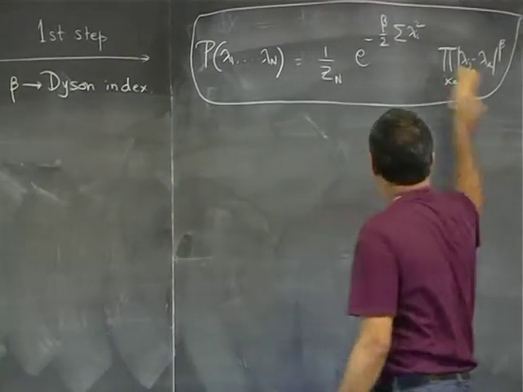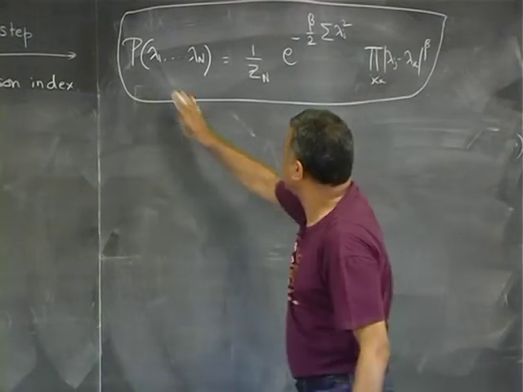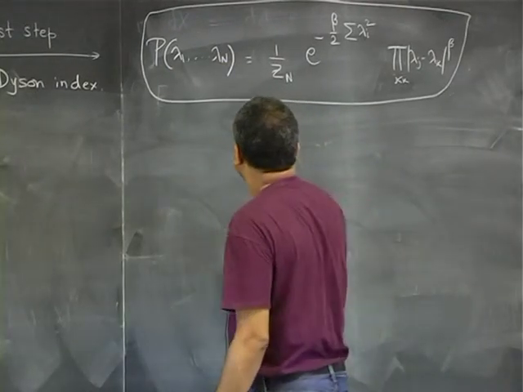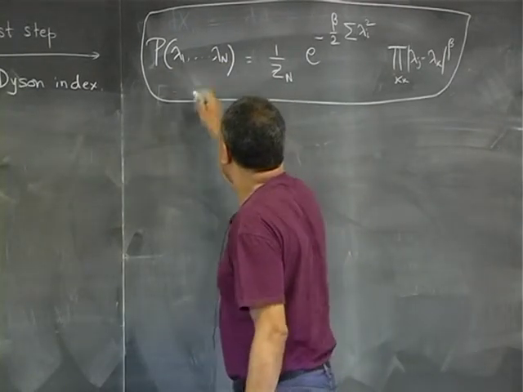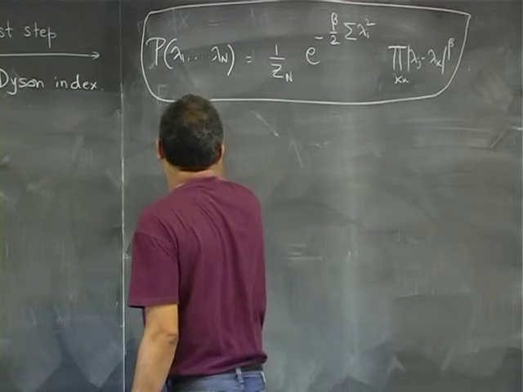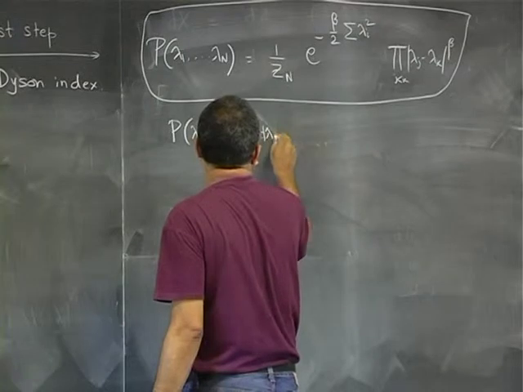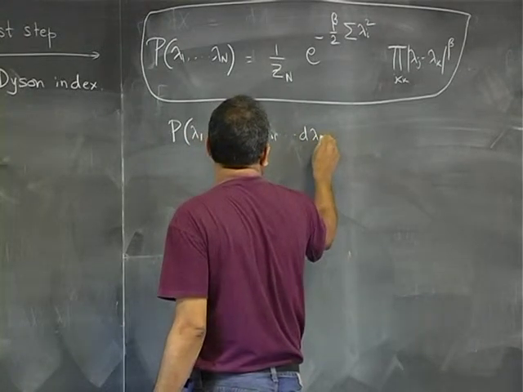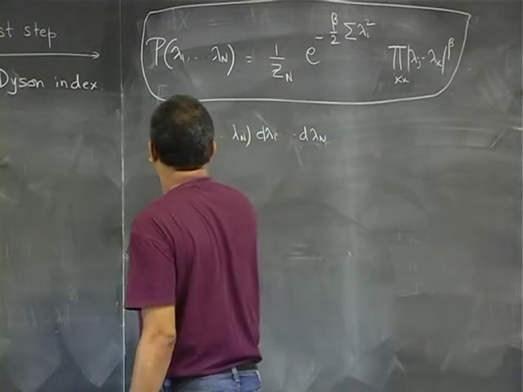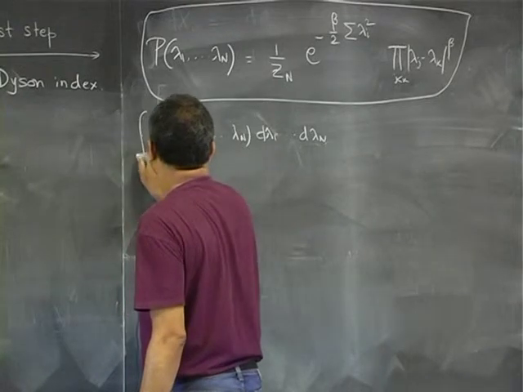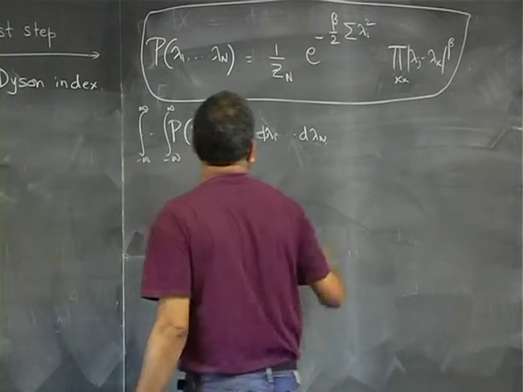This object first. What is this? This is a joint distribution of eigenvalues. So what is Zn? This has to be normalized, right? That means this is a probability distribution, so if we integrate over all possible eigenvalues, going from minus infinity to plus infinity, it should be equal to 1.